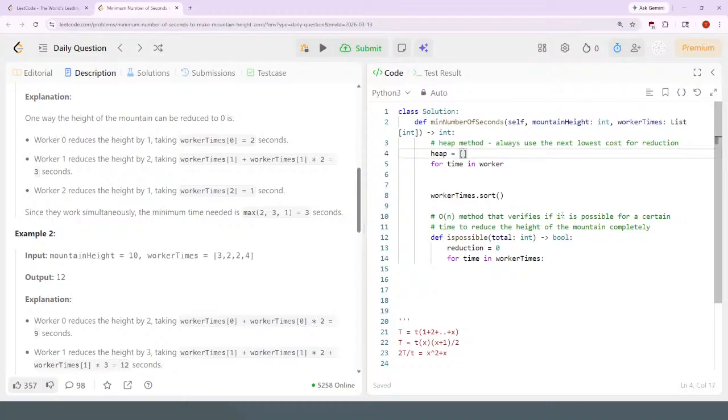So the heap is initially tuples, that is the time and 1, which is the first time I've used it, for every time in worker times.